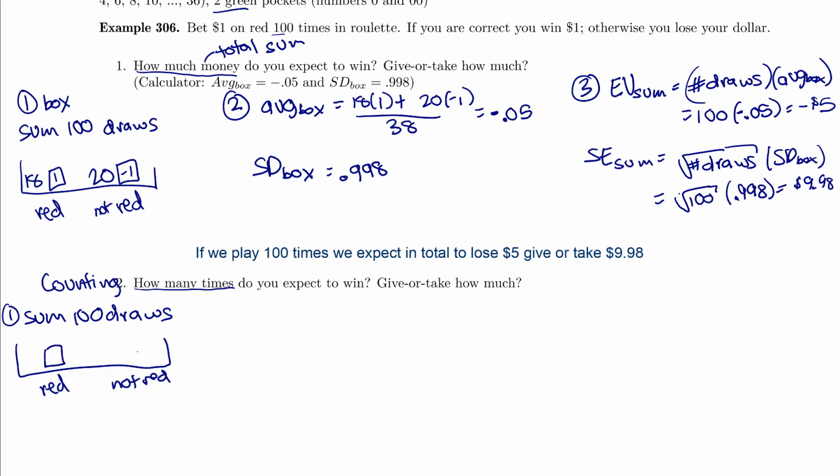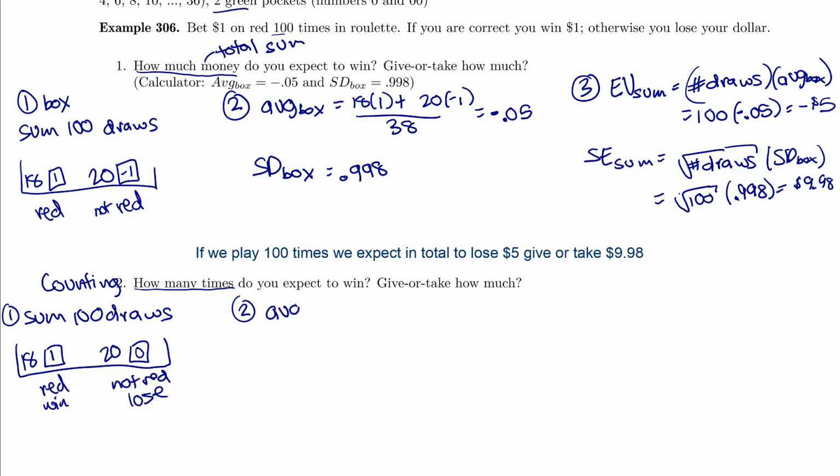But now if I get a red, I'm going to put in 1 because I'm counting the number of times I win, which I win on a red. And then if I don't win, I just put a 0. But there's still 18 chances to win on red. So let's write here, win or lose. And there's 20 chances to lose. So anytime it's counting, it's just 1s and 0s in my box.